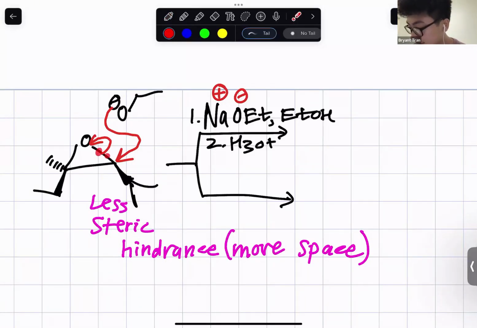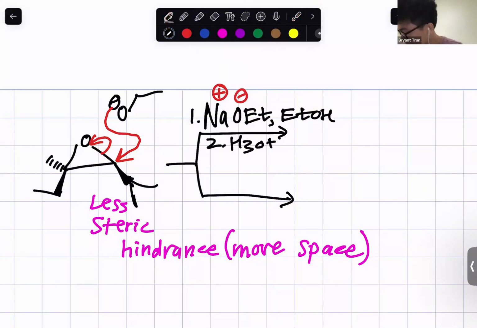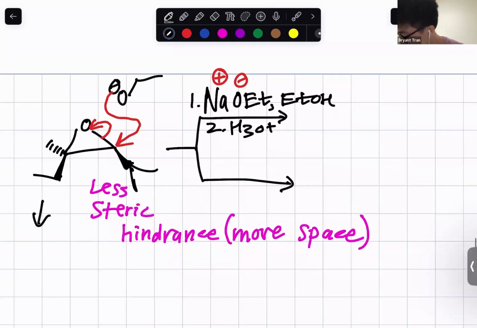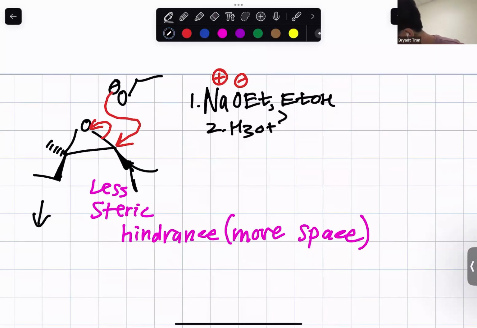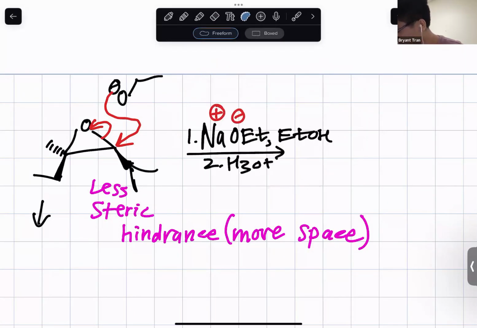And this bond right here has 2 electrons. We're gonna move those 2 electrons onto that oxygen atom right there, like that. And as a result, we're going to get this right here. So for this first problem, I'm just going to do basic conditions, and then I'm going to do acidic conditions afterwards to show you the full mechanism for that.